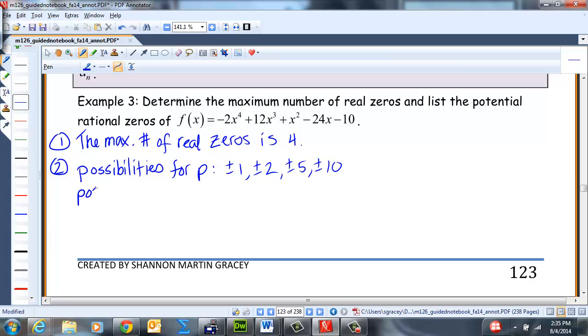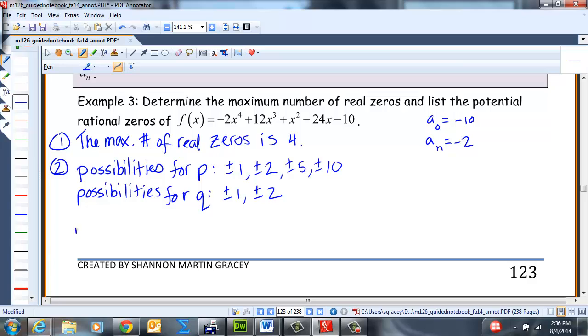The possibilities for q are, q has to be a factor of the leading coefficient, which is negative 2. So I'll just write this here. a sub 0 was negative 10, and a sub n was negative 2. So we'll just have plus or minus 1 and plus or minus 2 for the possibilities for q.